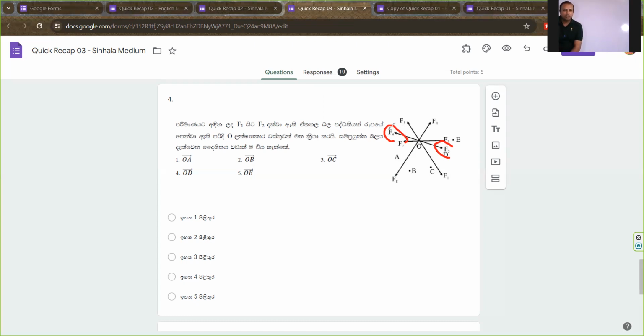If you can use your ruler, then you can do that. But if you closely see this figure, look at this one: F2 and F6.